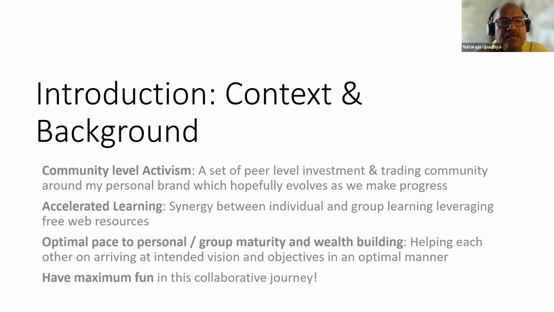So this is a community level activism because we need peer level investment and trading communication as well as learning enablement, and we need to learn fast because there is so much to learn. It is like getting a black belt in karate while you have just joined with a white belt. So much learning needs to go, and the earlier we learn, the faster we learn. It is better for our objectives.